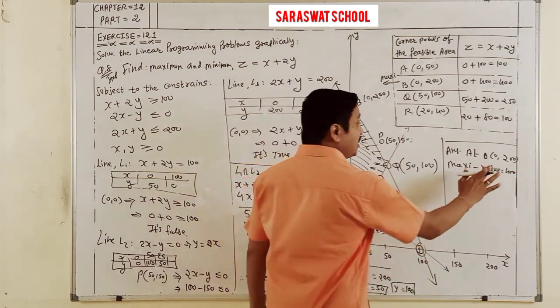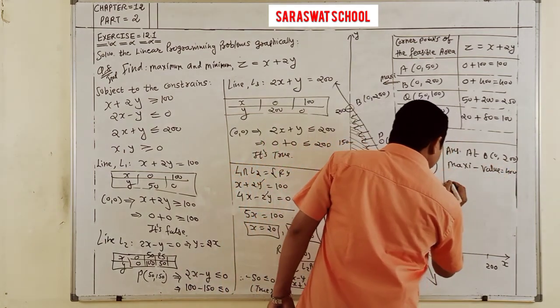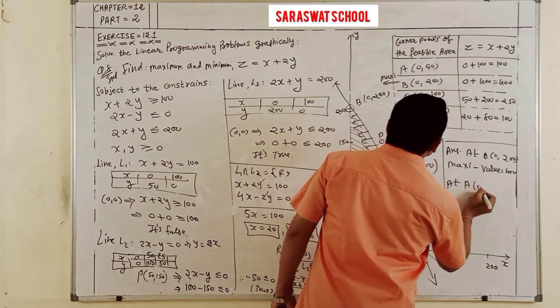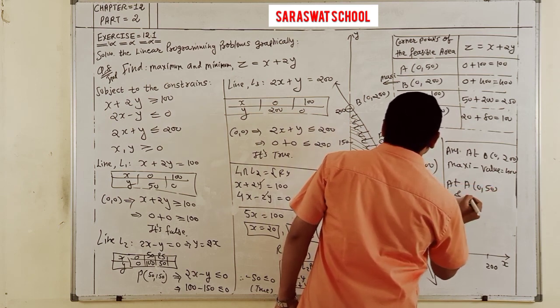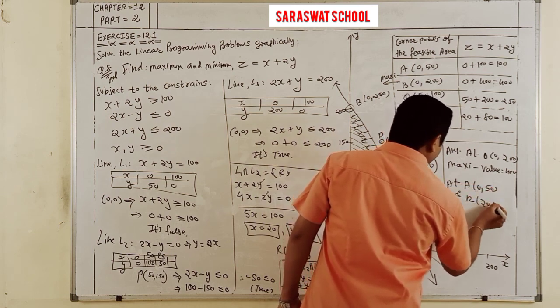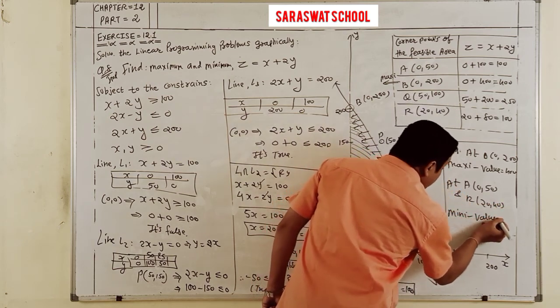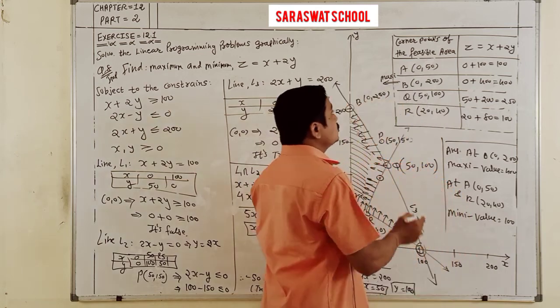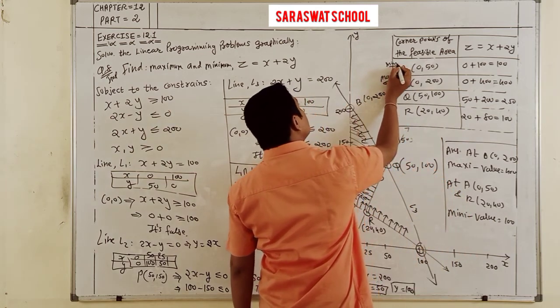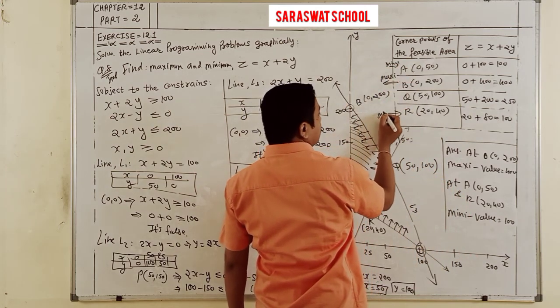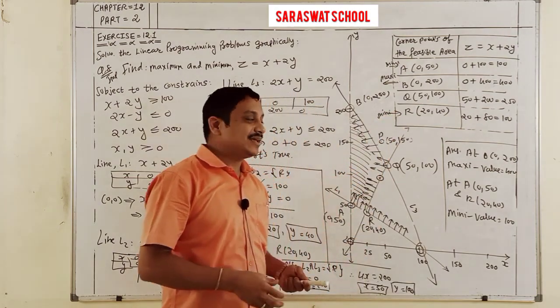And, students, minimum at A 0 50 and secondly R 20 40, the minimum value is 100, because the two values placed here are minimum.